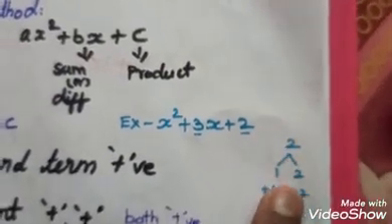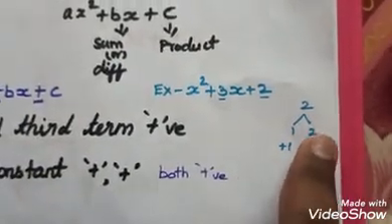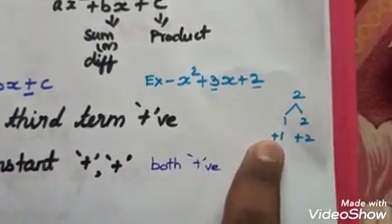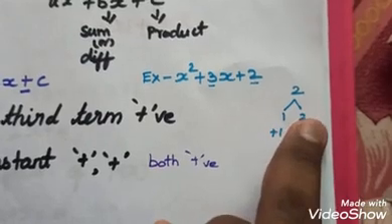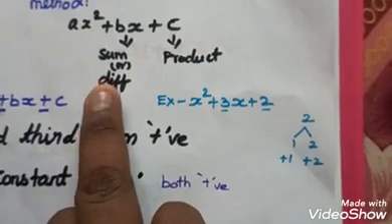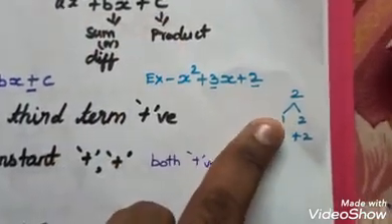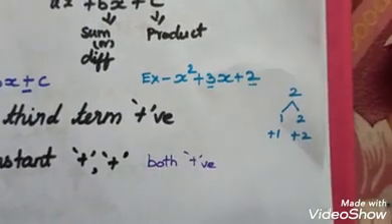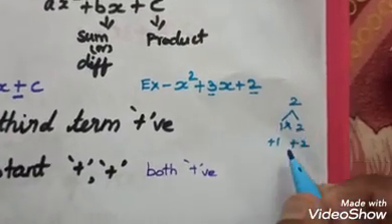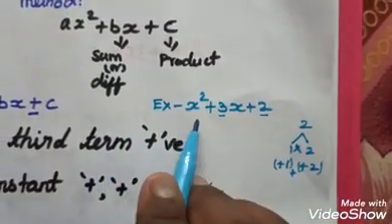I write the factors: 1 times 2 is 2. Already I told you both factors have positive symbol: plus 1, plus 2. So 1 into 2 is 2, and 1 plus 2 is 3. That is why the sum or difference gives the middle term, and the product gives the constant. So 1 into 2 is 2, and plus 1 plus 2 gives plus 3.